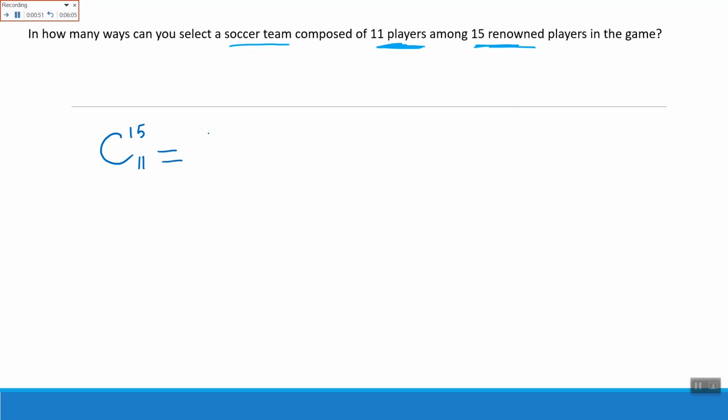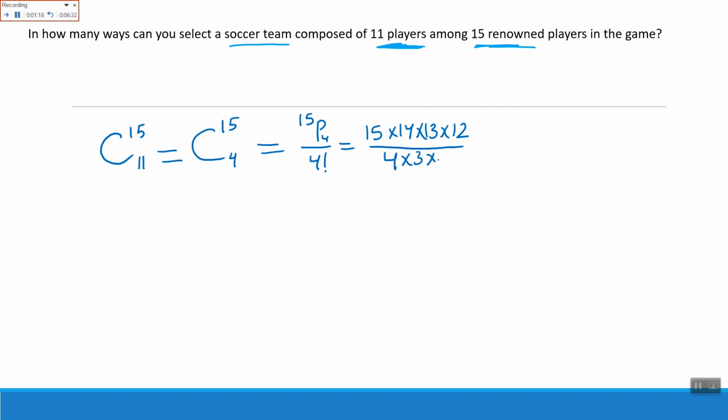And using the reduction formula, this is going to be the same as combination 15-4, which is going to be the same as 15 permutation 4 over 4 factorial. 15 permutation 4 is 15 times 14 times 13 times 12 over 4 factorial, which is 4 times 3 times 2.